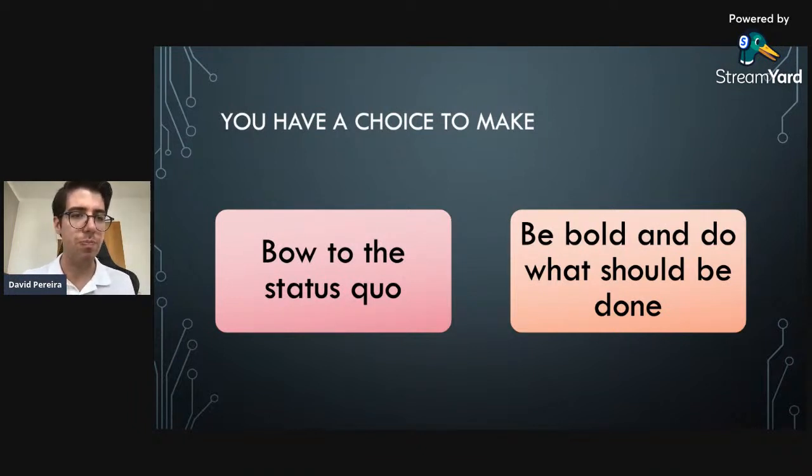So this is what I encourage you to do. Never, ever ask for permission. Just do what you believe to be right. And if you're right, the results will speak for themselves. They will speak for your actions. Sometimes you may need to ask for forgiveness, but it's okay. Just do what has to be done.